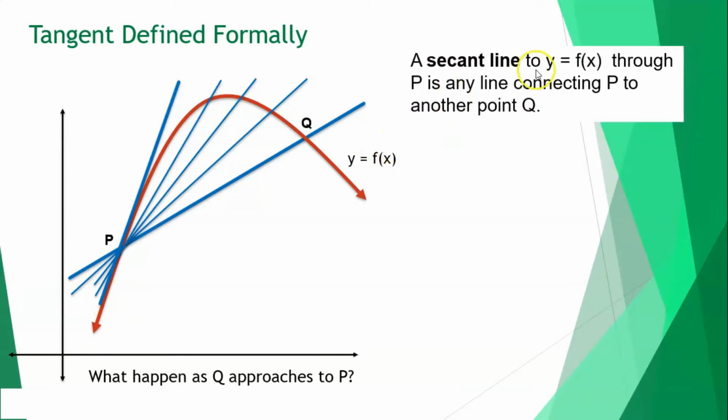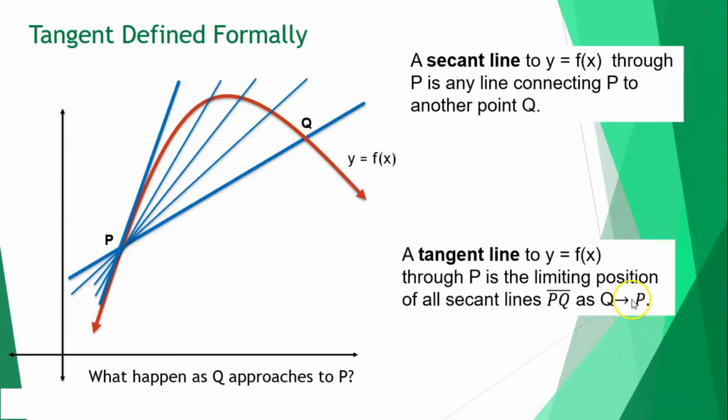So again, a secant line passing through P is any line connecting P to another point Q, while a tangent line passing through P is the limiting position of all secant lines PQ as Q approaches P. So take note, the derivative is used in identifying how changes are made.